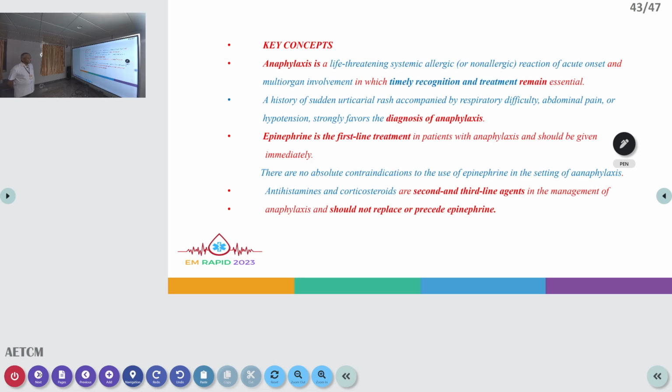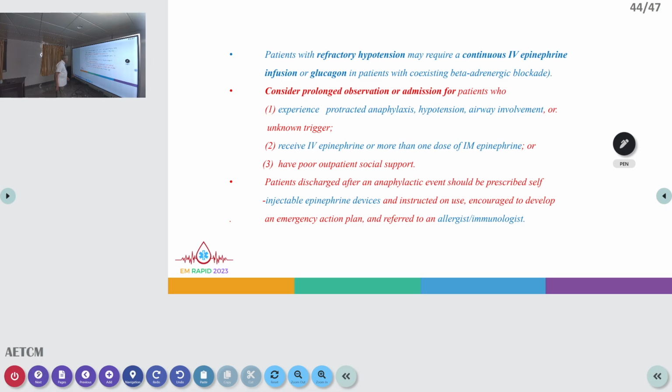Antihistamines and corticosteroids are the second and third line agents. They should never precede the administration of epinephrine. Remember about refractory hypotension: these patients need continuous IV epinephrine infusion, or glucagon if they are on beta-adrenergic blockade drugs.